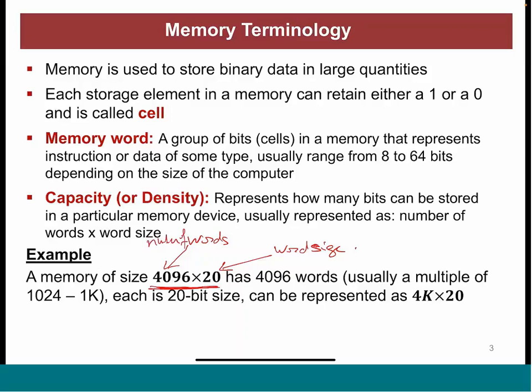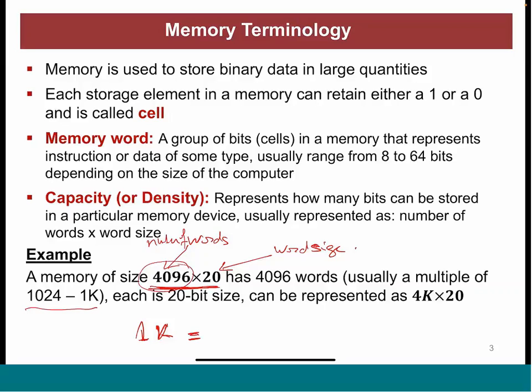As you know, I think we talked about this. You know what is one kilo? If we say 1 kilobit or 1 kilobyte, what is 1 kilo in digital? We refer to binary. What is 1K? 1024.